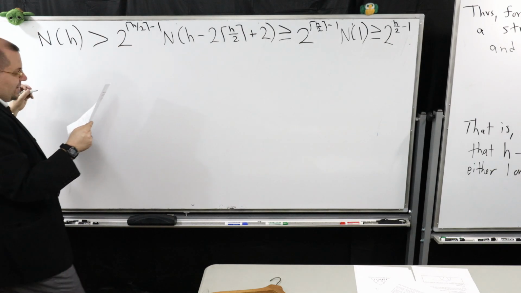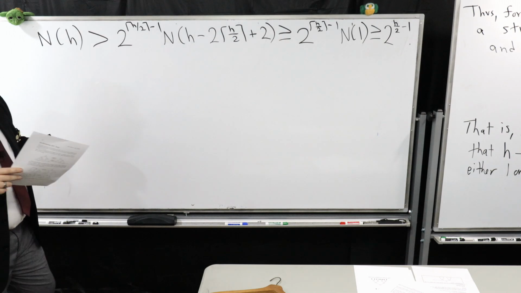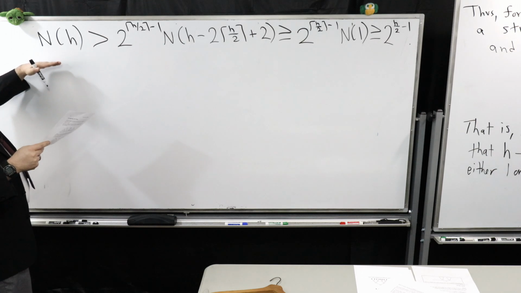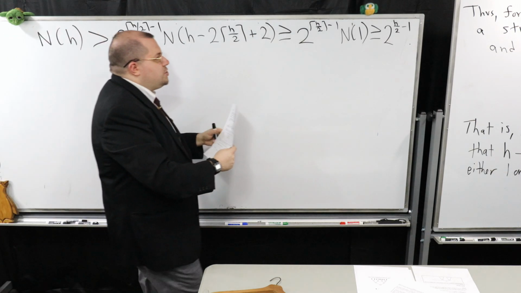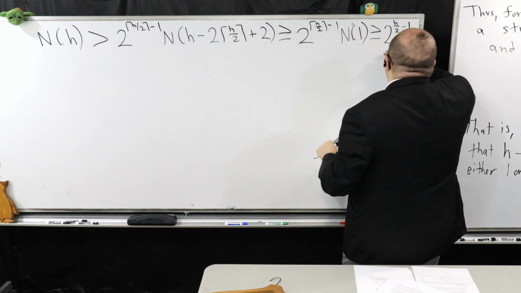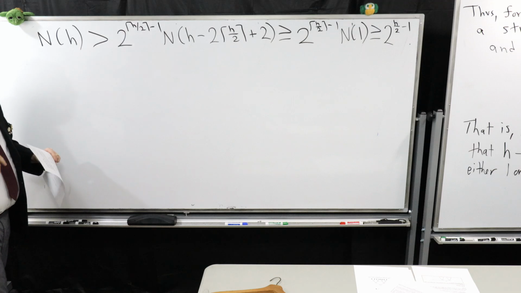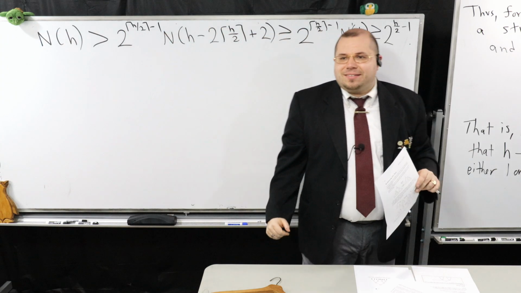So now what are we going to do here? I'm going to pull out one of my favorite tricks. It's a very helpful one. Notice that over here I have n of h, and over here I have 2 to the power of h over 2 minus 1, all in the exponent. I would like to get it so that h and n of h relate to each other. Does anybody have any ideas?